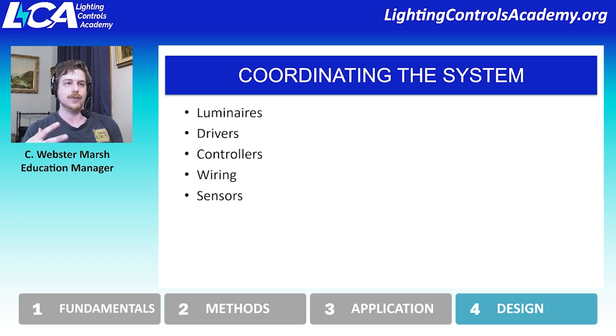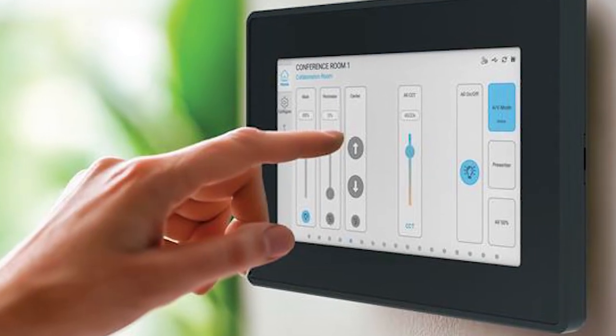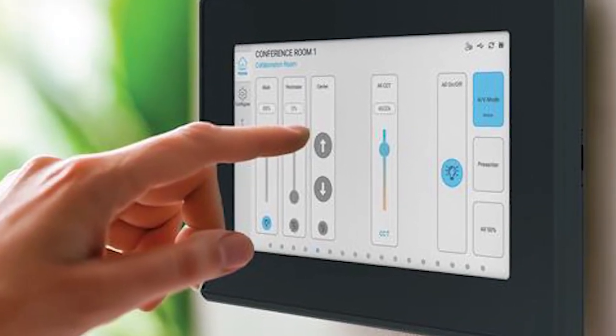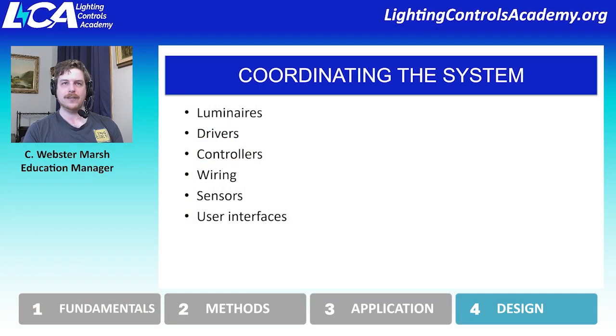They don't have to directly control the fixtures anymore. They typically will just communicate to the system, and then the system will control the fixtures. What kinds of user interfaces, where they're going to be, what they're going to look like, keypads, what scenes are going to be programmed, is there going to be custom engraving? All of that still needs to be coordinated, just like any lighting control system.